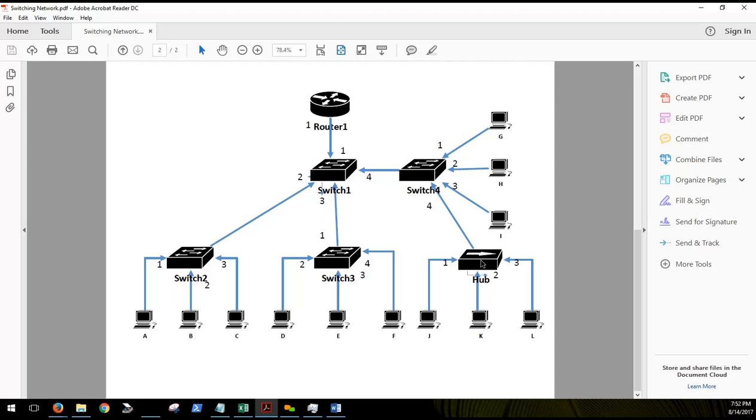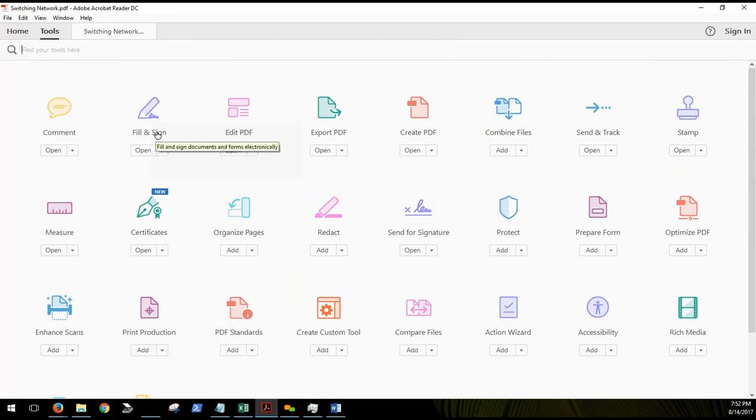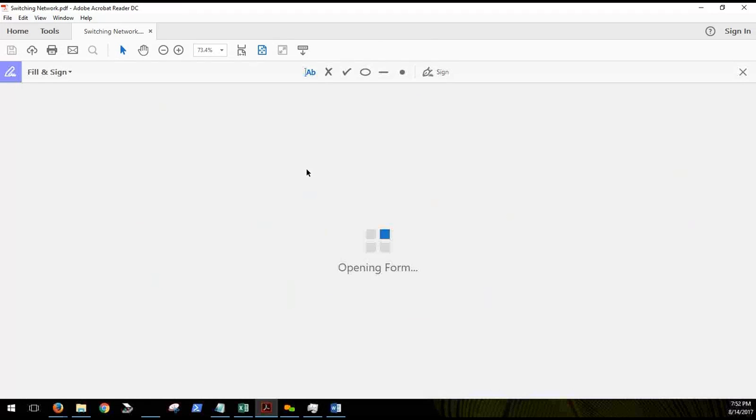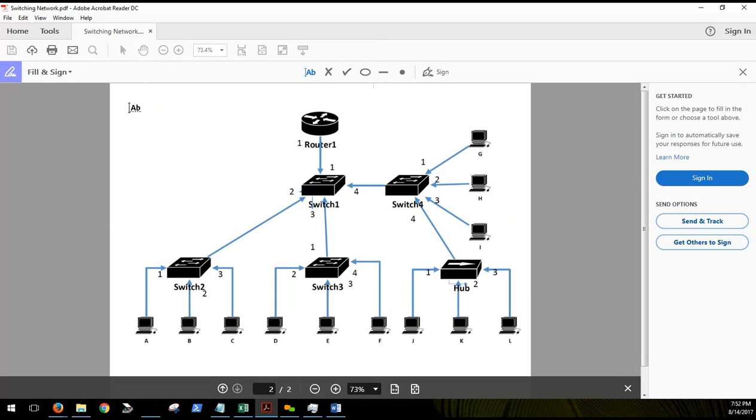Could you write that down? Collisions occur when two or more hosts attempt to transmit at the same time. Correct.